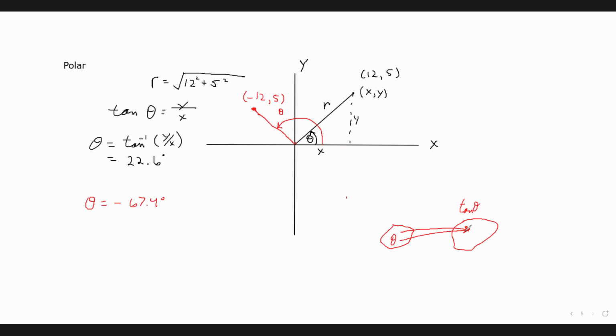The cosine, sine, tangent, okay? Those are called the circular functions.